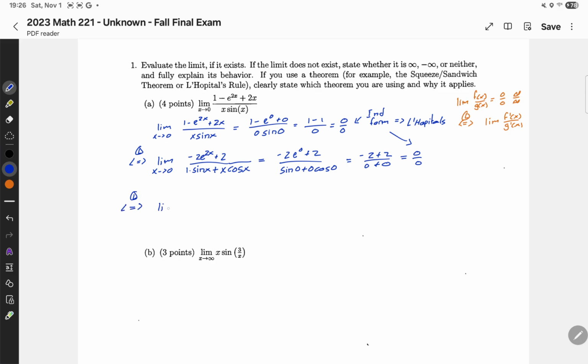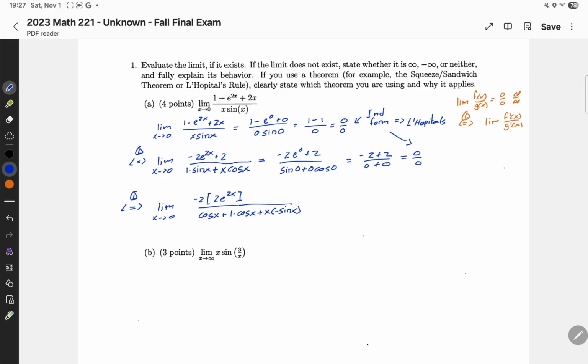So now we have the limit as x approaches 0 of the derivative of this top bit, which is going to be minus 2 times that exact same derivative, 2e to the 2x, over the derivative of sine x, which is cosine x, and the derivative of x cosine x is going to be 1 times sine of x. No, I'm sorry, 1 times cosine of x, plus we'll have x times minus sine of x.